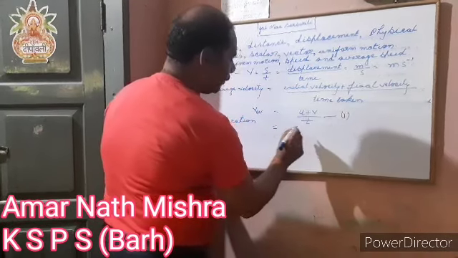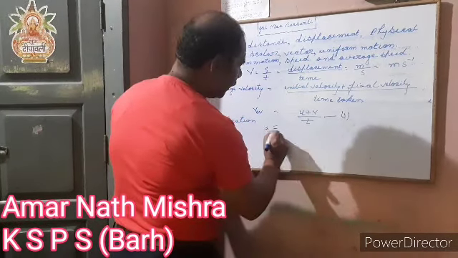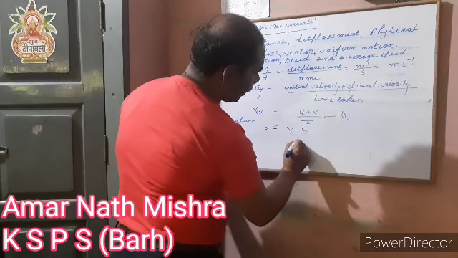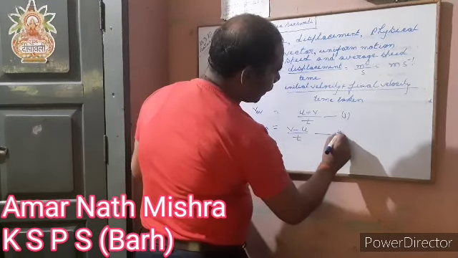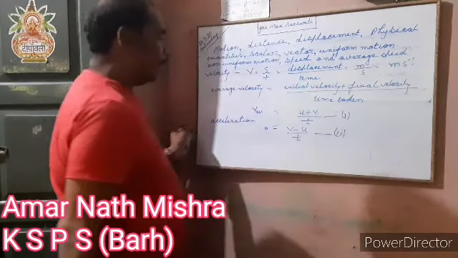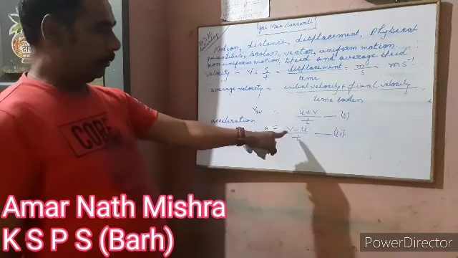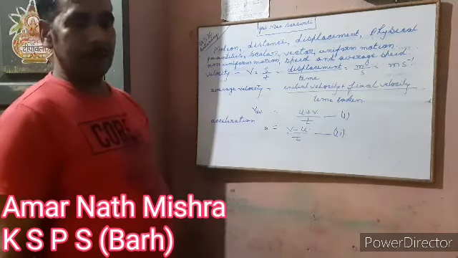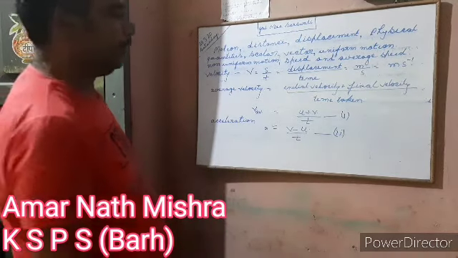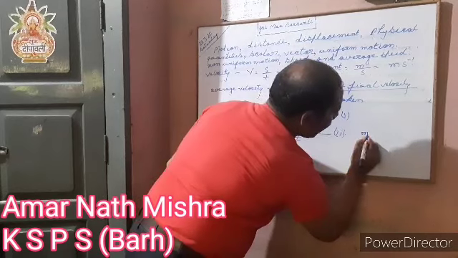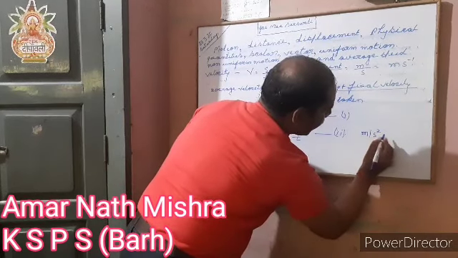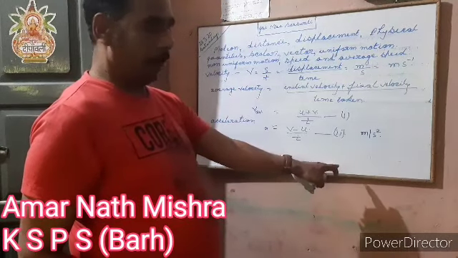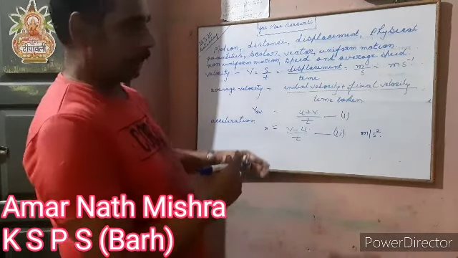That means acceleration is indicated by a, and the rate of change of velocity is v minus u by t. This is called acceleration. The SI unit of acceleration is meter per second square.